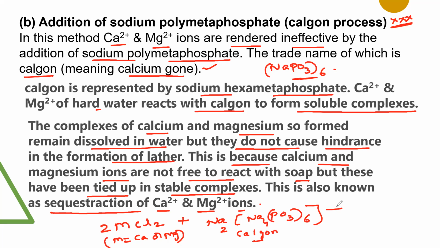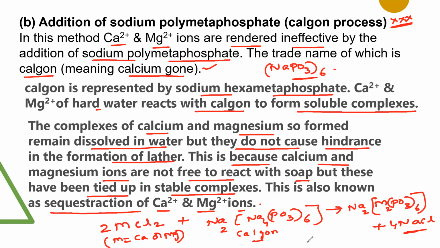It combines to form a complex, Na2[M2(PO3)6], the complex formed by the calcium and magnesium salts, plus 4 molecules of NaCl. The 4 Na combine with the Cl minus ions and form 4 NaCl. So this is the reaction taking place with Calgon.